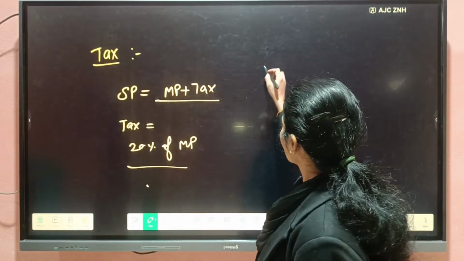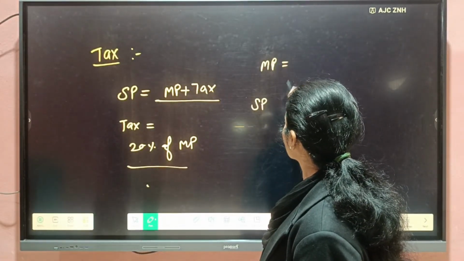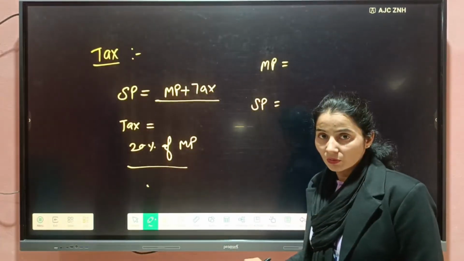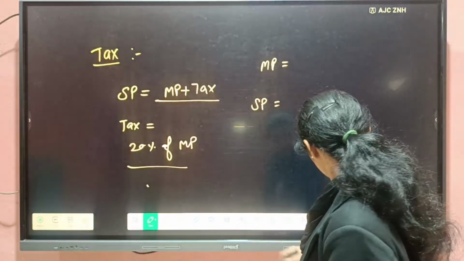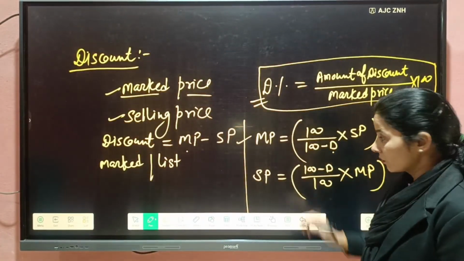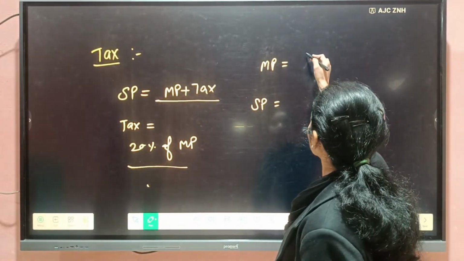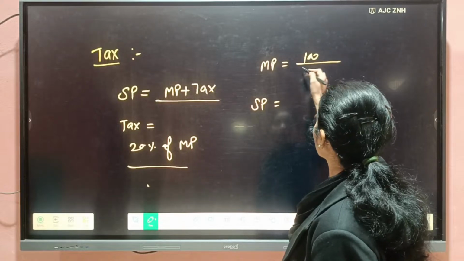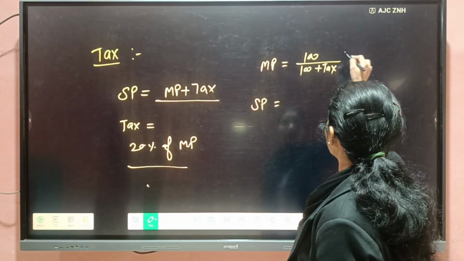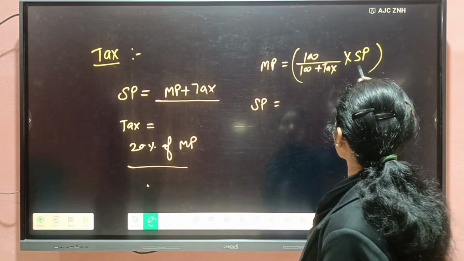Now, in this also marked price and selling price, these two prices are there. And what will be their formula when tax is given to us? At last slide we discussed about discount. Now we are discussing about tax. What will be marked price? It will be 100 by 100 plus tax into selling price.